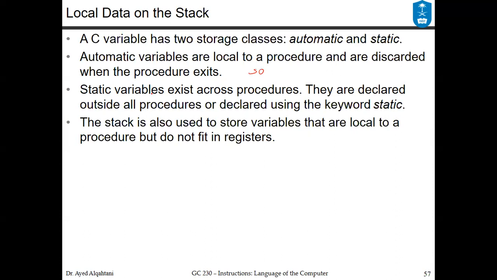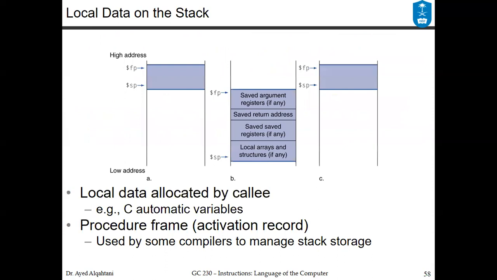The static variable exists across the whole procedure. They are declared outside all the procedures, and they use the word static in C, and I believe they use static also in Java. The stack is also used to store the variables that are local to the procedure but do not fit in the registers, as we've seen in the last two procedure calls.